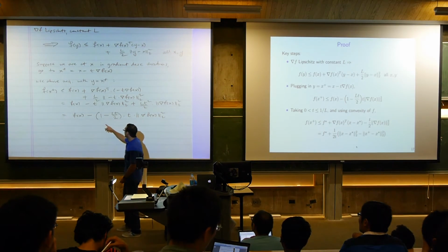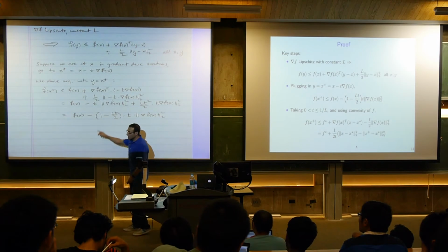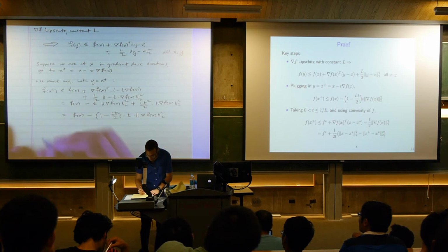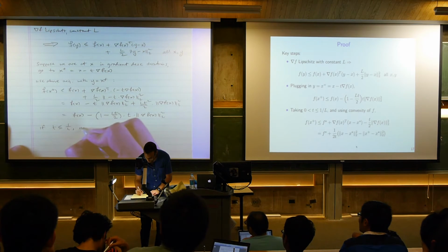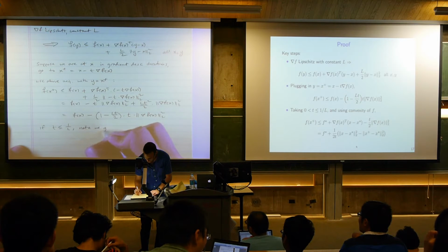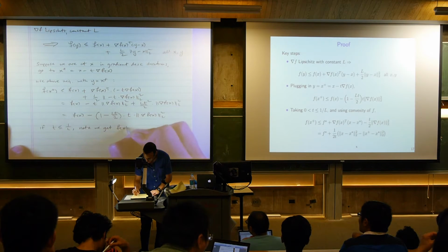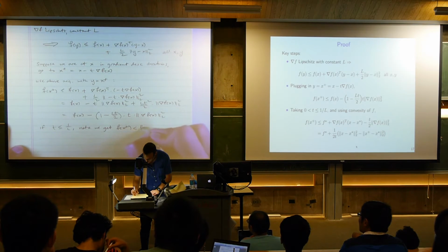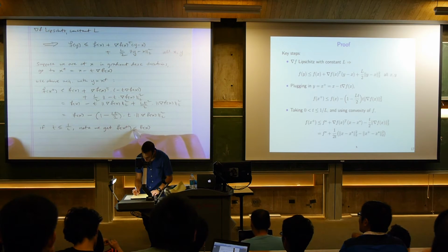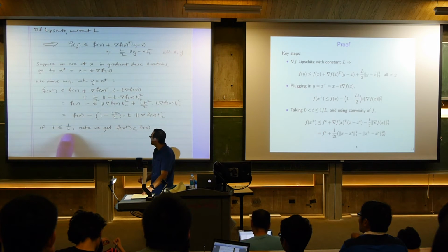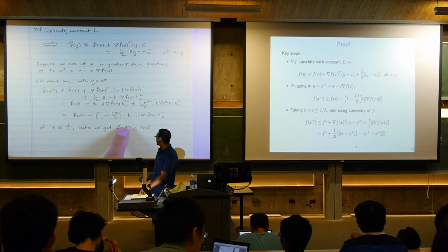And look, we actually have something quite nice, because if t is less than or equal to 1 over L, notice that we get f of x plus to be strictly less than f of x. Actually, I should say less than or equal to, because if t is strictly less than 1 over L, we get strict descent.